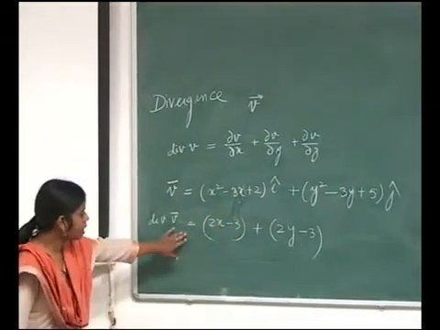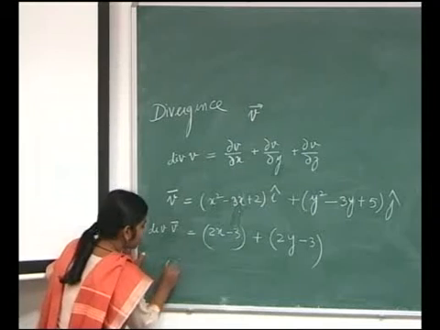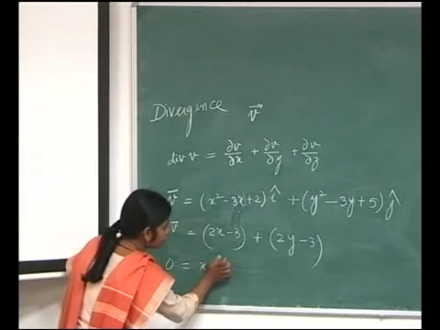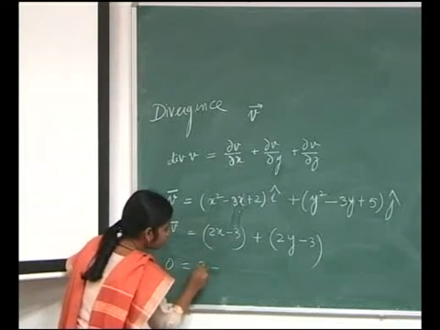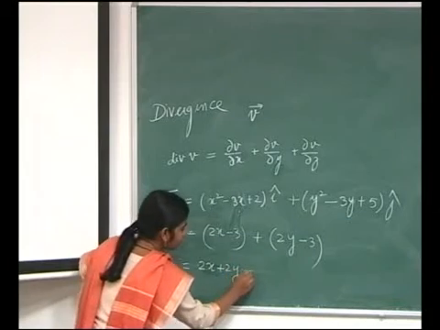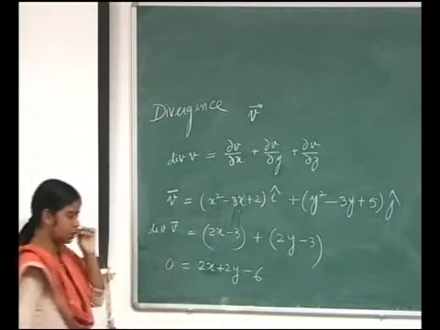If I put this divergence equal to 0, then I get 2x plus 2y minus 6 is equal to 0.